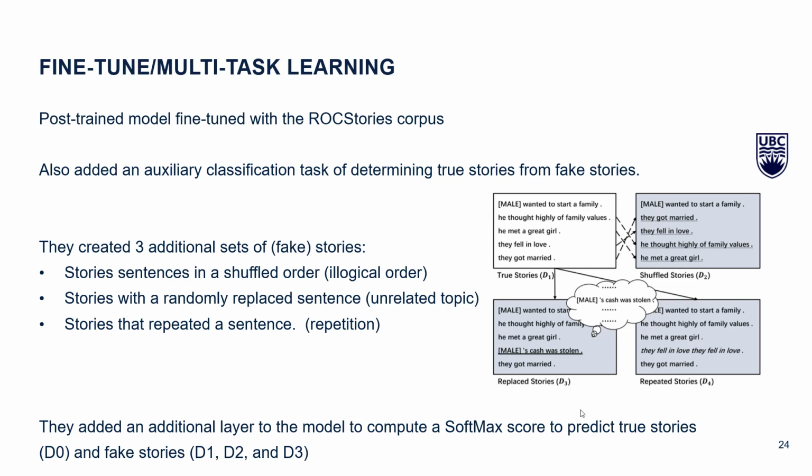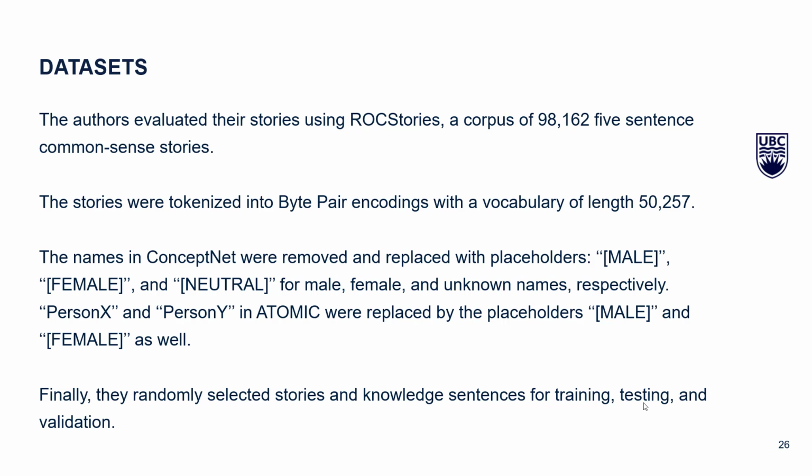They also added an additional layer to the model to compute a softmax score to predict true stories and fake stories. The authors evaluated their stories using ROC stories, a corpus of over 100,000 5-sentence Commonsense stories.